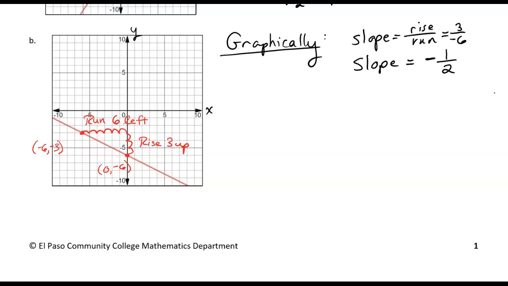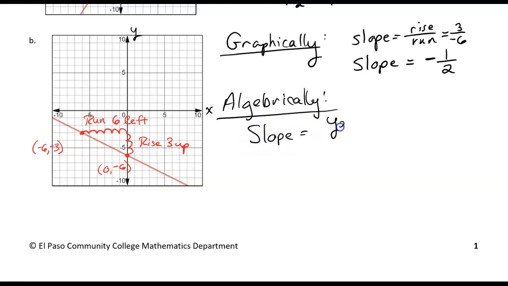Let's try this with the formula. So algebraically. Here's the formula, in case we need it: our slope is equal to y2 minus y1, all divided by x2 minus x1.